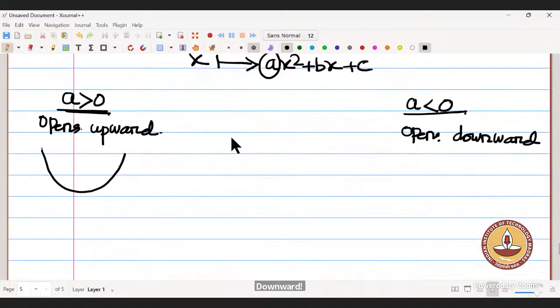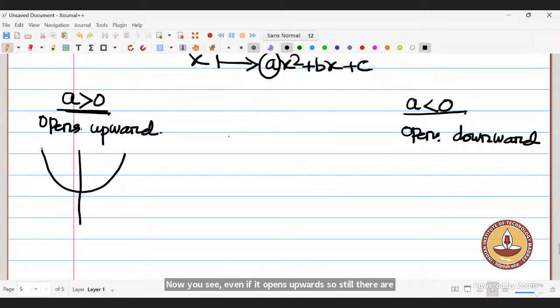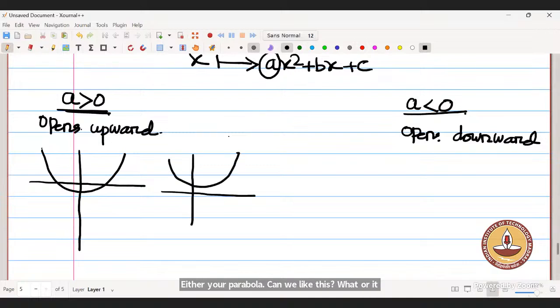Now you see, even if it opens upward, still there are two possible cases, right? Either your parabola can be like this, or it can be like this. So how are you going to decide whether your parabola will cross the x-axis or not?